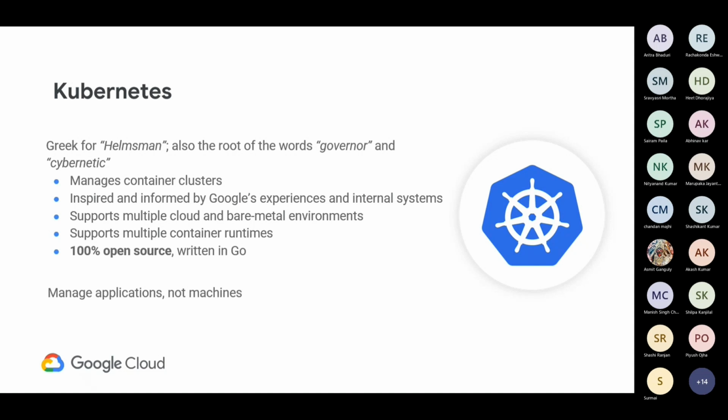We can use this Kubernetes not only in Google Cloud but locally also. Then also other cloud providers like AWS and Linode, they also provide Kubernetes services. And you can see the source code also because this is an open source project. Next slide, please.